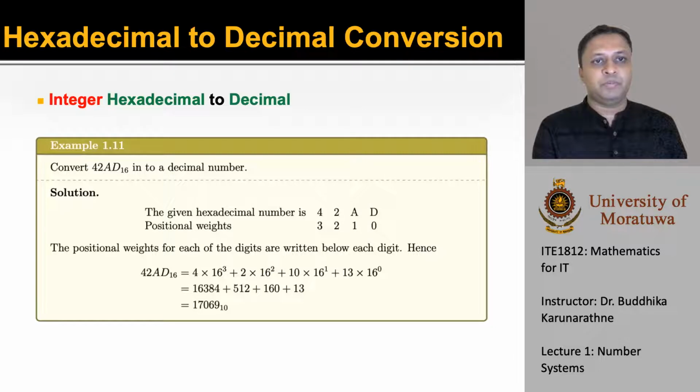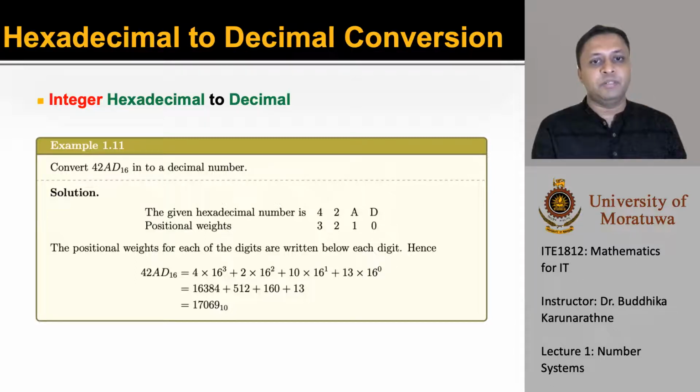Now another type of conversion, from hexadecimal to decimal. So once again, the first example is on integer hexadecimal to decimal, and we take the example of 42AD in hex format and try to convert that into a decimal number. So how do we do that? We write down the given hexadecimal number. We adopt a similar procedure. We write that down first, and you write down the corresponding positional weights.